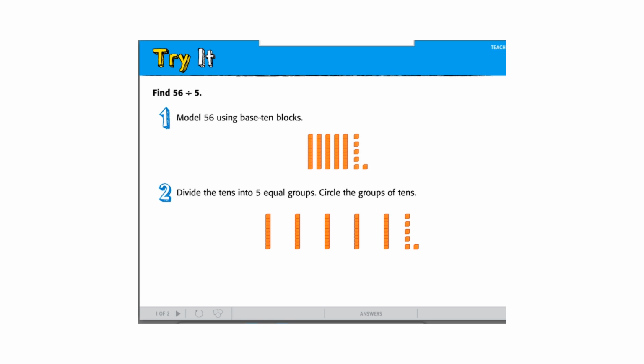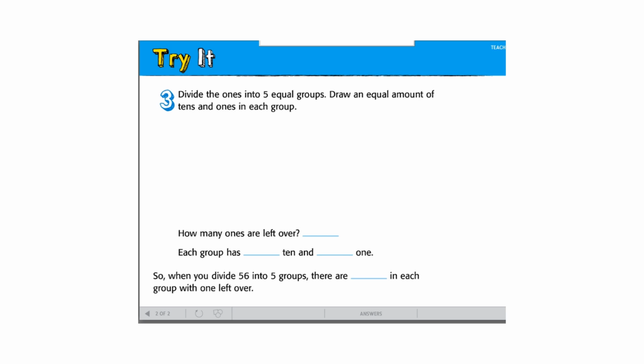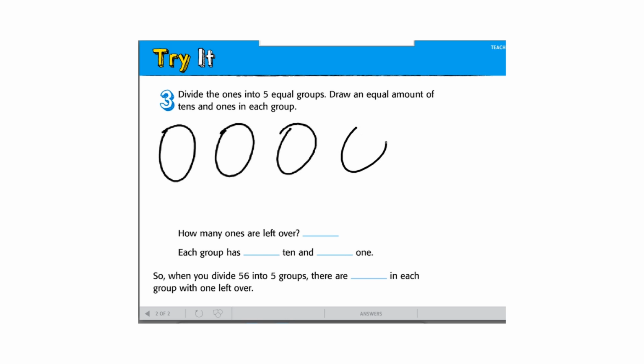You can do that, but if you actually do the drawing piece, 1, 2, 3, 4, 5, and then you're going to have a 1 in each group because the number was 56. So there's 5. The circles help to keep everything separate.